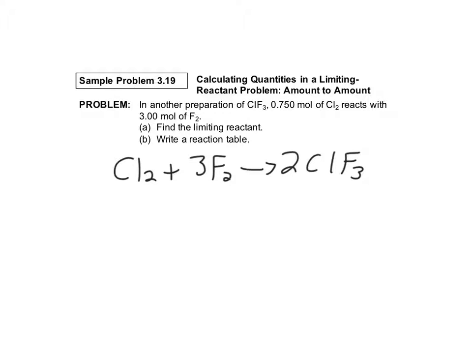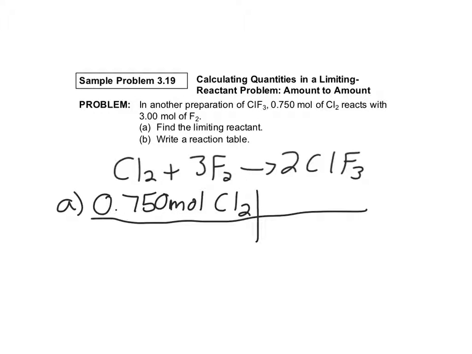Now A says find the limiting reactant. So I know that I have 0.750 moles of Cl2. And I want to know how much product can I make from that amount of Cl2, right? This is my product, the ClF3. So I'm going to convert to moles of that using my balanced equation.